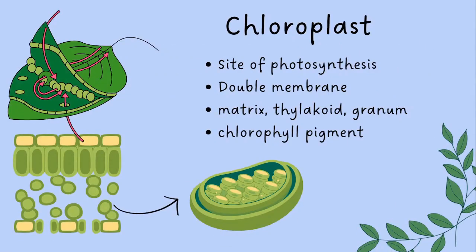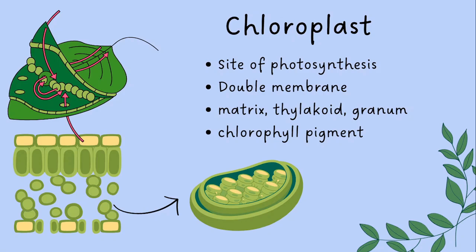So moving ahead, we have the most important part of the cell for this process, that is the chloroplast, which is the site of photosynthesis. We also call it the kitchen of the plant. A normal cell has 40 to 50 chloroplasts. It is a double membrane cell organelle. Within the inner membrane, it is filled with colorless ground substance called stroma, which is a kind of matrix.